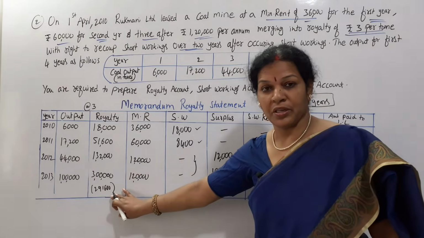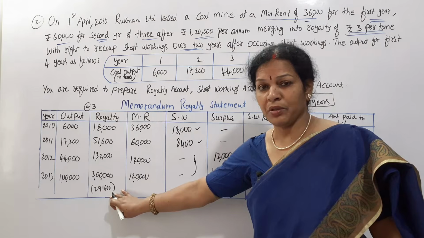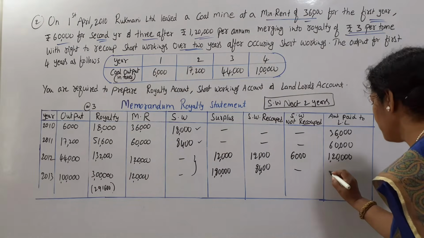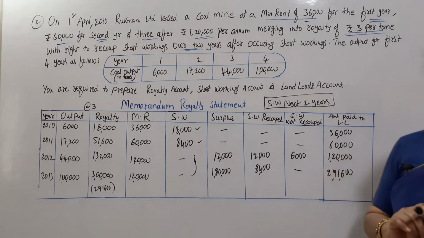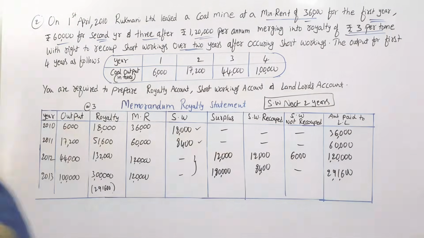Leftover is this much only. Now out of these two, whichever is highest, that will be paid to the landlord. Highest is here 2,91,600. 2,91,600 is paid to the landlord. Am I clear? Take a screenshot or note down.